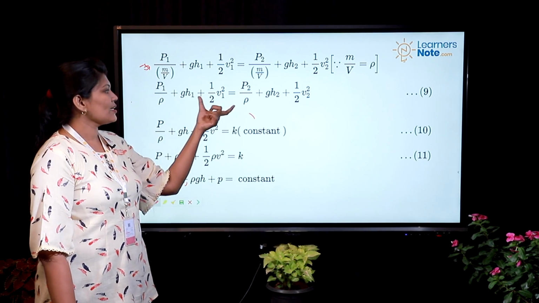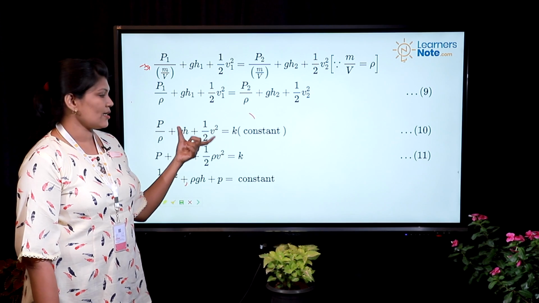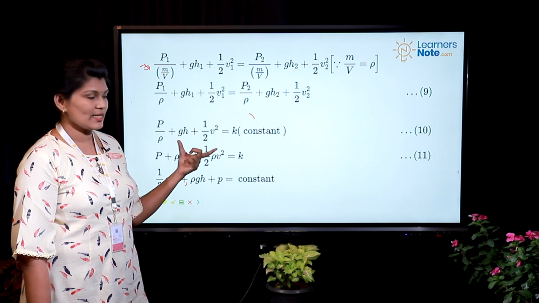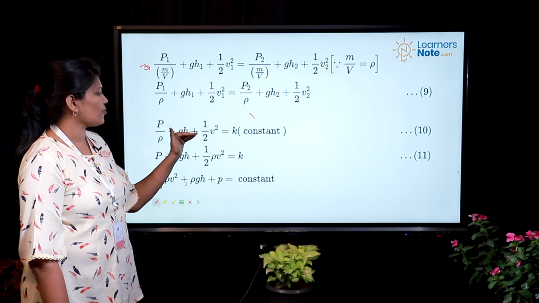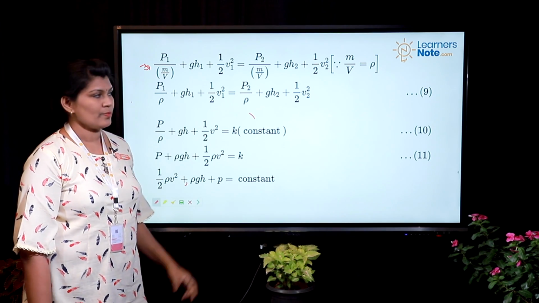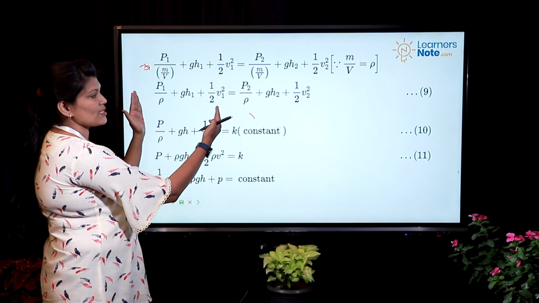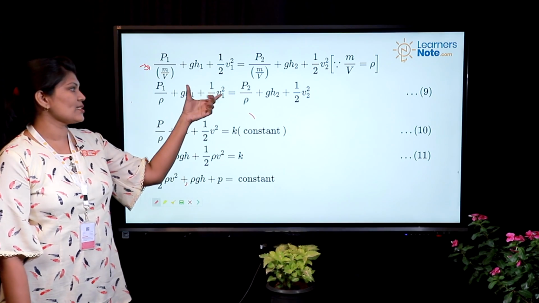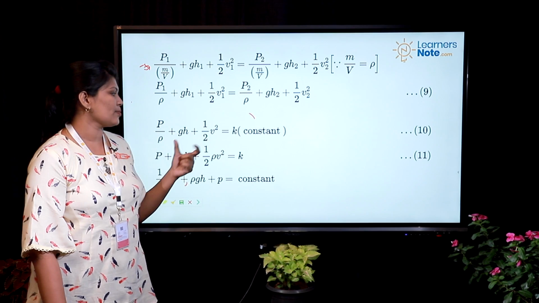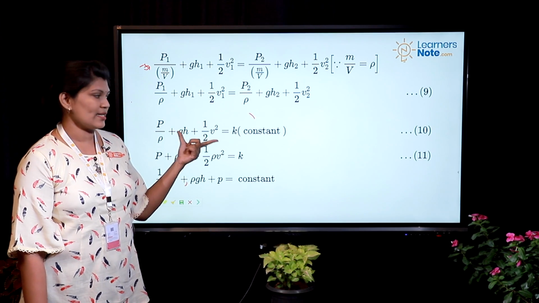So we can replace this representation with a single one like this: P divided by rho plus gh plus half v square is equal to constant, because the value on the left side will be equal to the value on the right side. That's why we are representing this ninth equation by using a common equation like this.